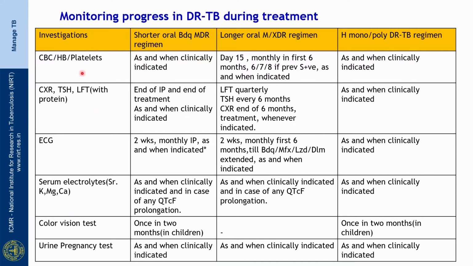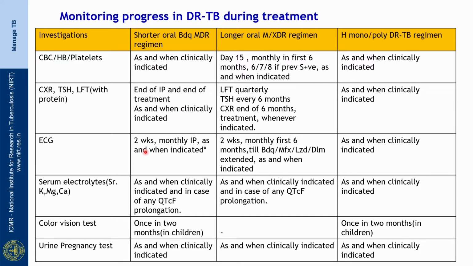Whereas CBC with platelets is done as and when clinically indicated; it is not routinely indicated for shorter oral BDQ regimens. Chest X-ray, thyroid test and liver function test need to be done at the end of intensive phase, end of treatment and whenever needed.